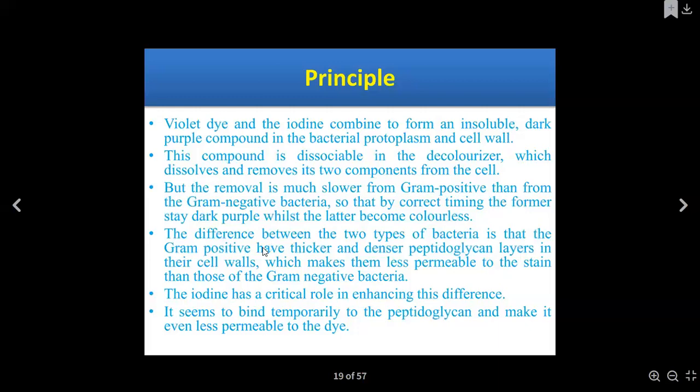So able to remove the dye, or rather to decolorize it from the gram negative thin peptidoglycan. Once we add the saffron, we are able to see gram negative appearing red. Remember, saffron is red. It's also called red saffron.